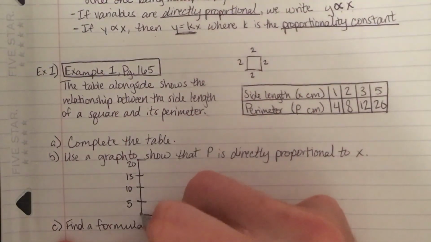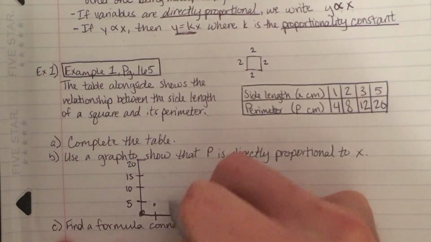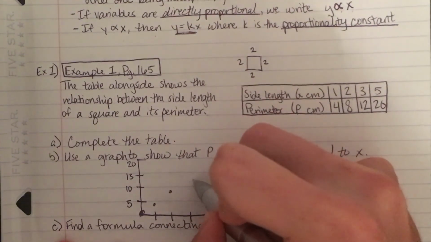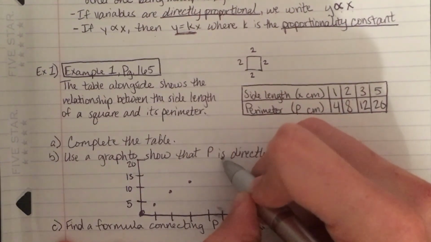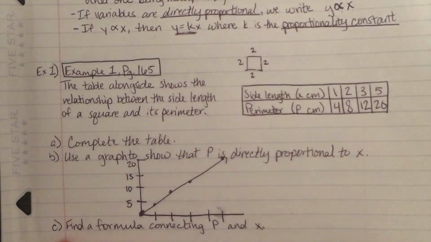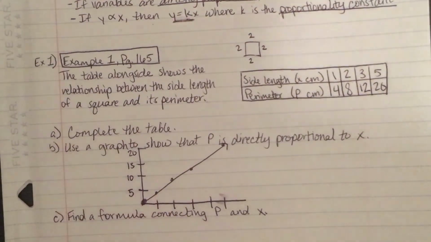So we're going to plot 0, 0, 1, 4, 2, 8, 3, 12, and then 5, 20, and we'll connect those. In a perfect world where Mr. Price draws perfect graphs, that would go through all of them evenly.